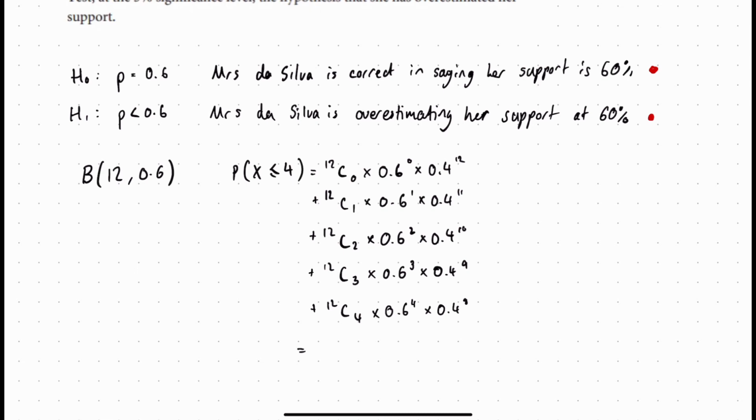So I'll just use the calculator on my screen to double check to see whether this actually works. So 12 choose 0 times 0.6 to the power 0 times 0.4 to the power 12. Okay, I'm just going to put that onto the calculator and then do answer plus and then do the 1 variant of this.